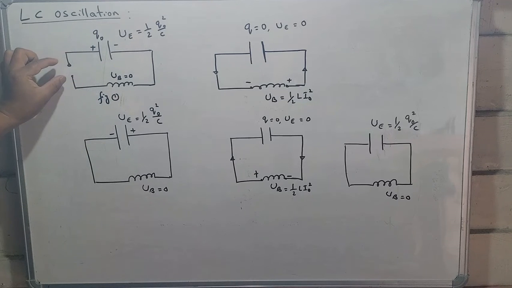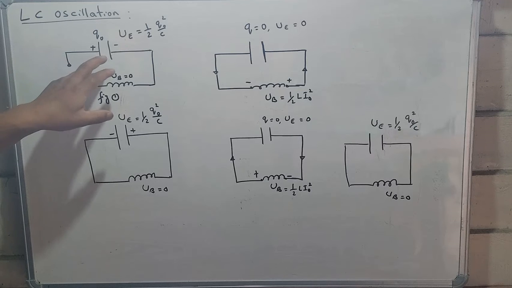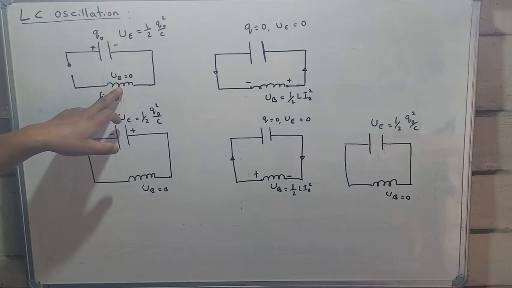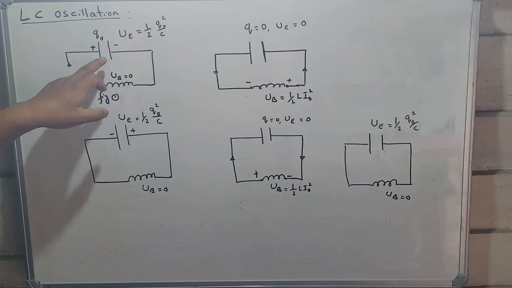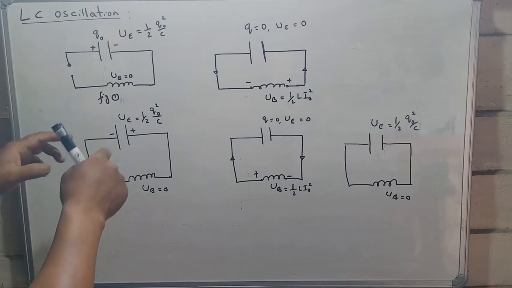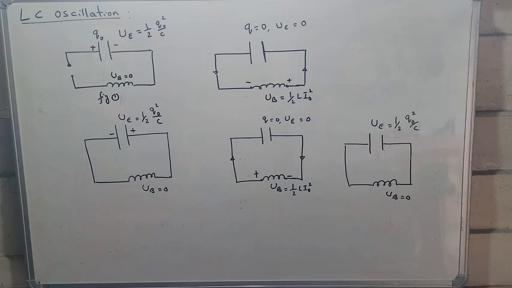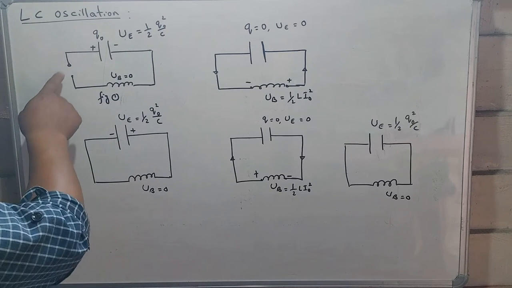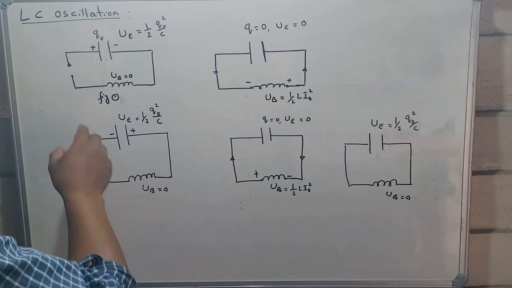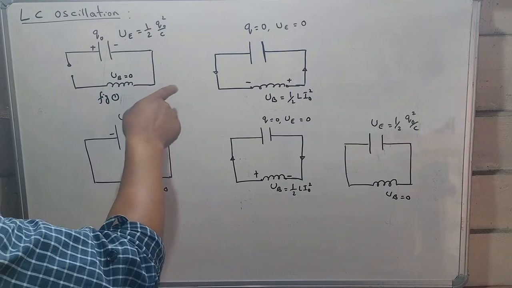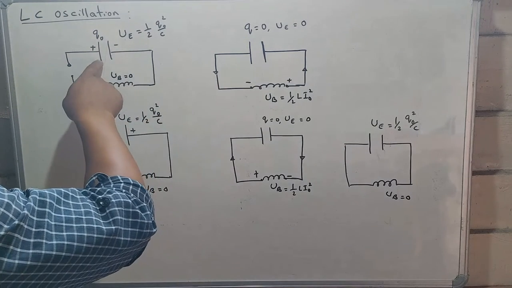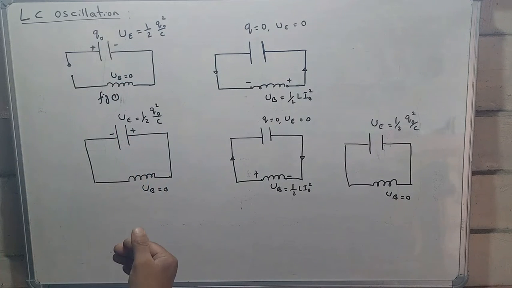Now this is a key which connects the capacitor and the inductor. When the key is open, there is no charge flowing through the inductor. But as soon as you complete the circuit, what will happen? This capacitor will start discharging.